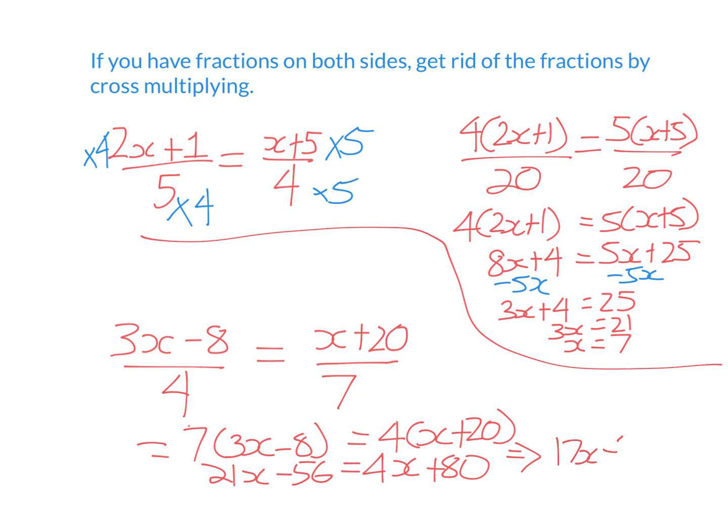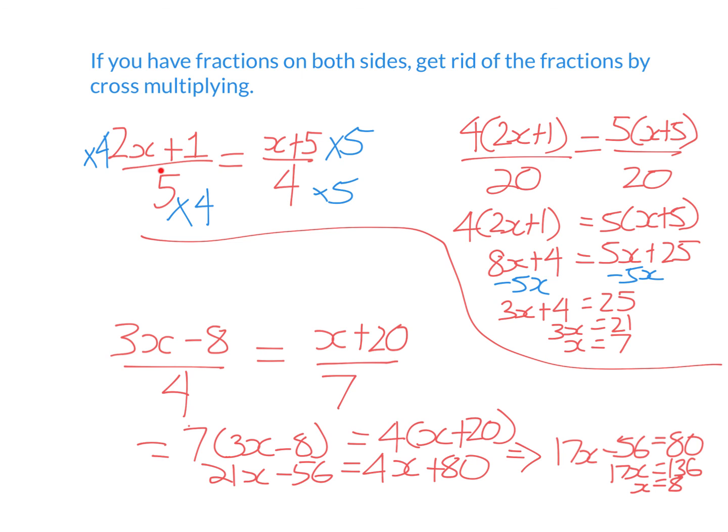So 17x minus 56 equals 80. So now I add 56 to both sides. I get 17x is 136. So x is 136 divided by 17, which is 8. So the solution here is 8.